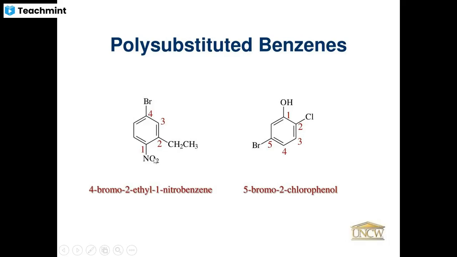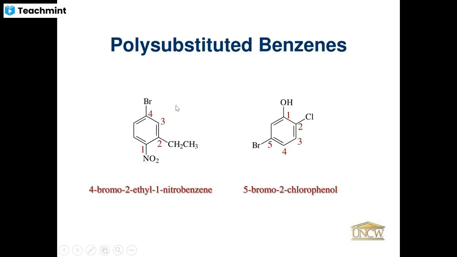Arrange it in alphabetical order: first bromo, then ethyl, then nitro. So here we have to use hyphenated numbers for the positions. So 4-bromo-2-ethyl, and nitro present at the first position, 1-nitrobenzene.